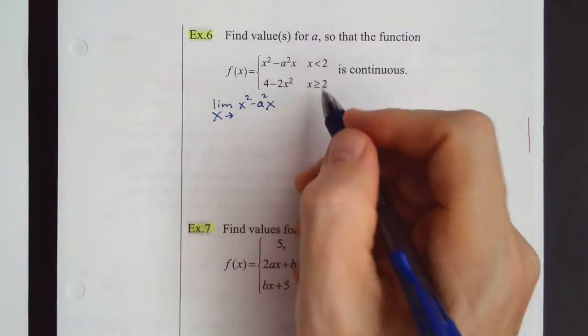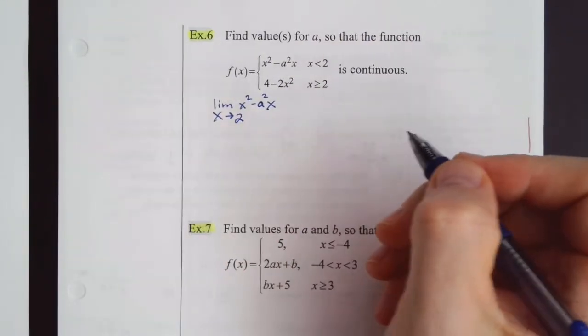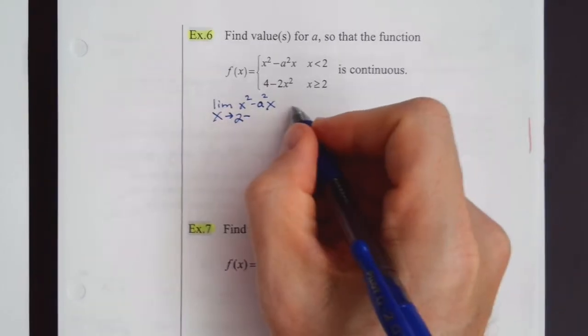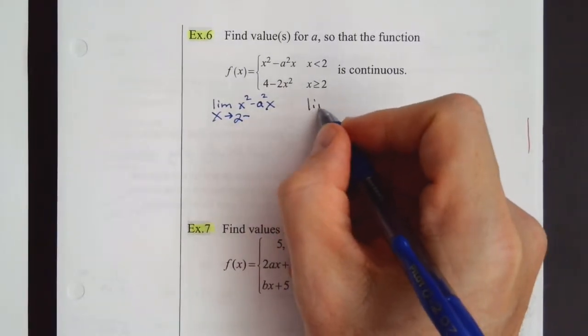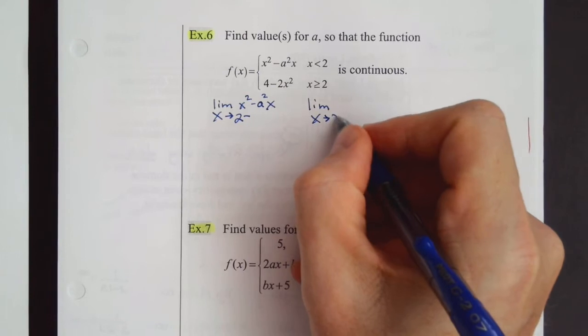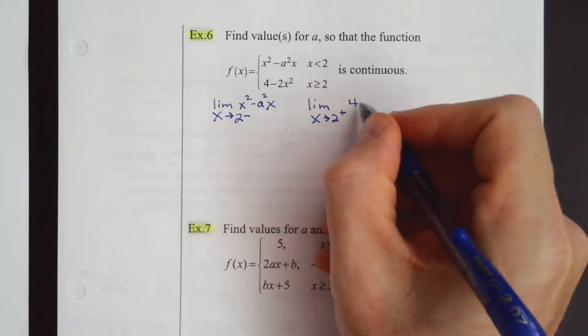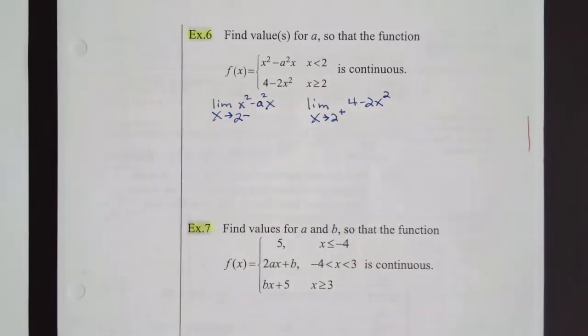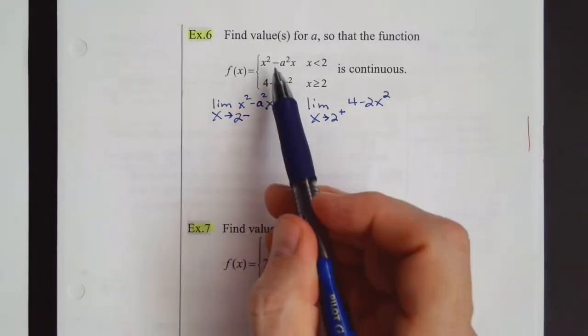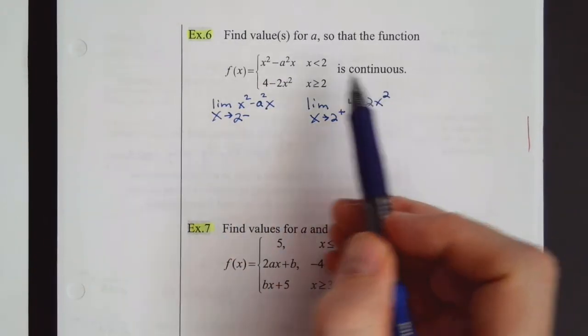The boundary is 2. So as x approaches 2 from the left, we need that to equal the limit as x approaches 2 from the right of 4 minus 2x squared. So you just want to memorize: when you have a piecewise function, they're talking about continuity, you want to check this.